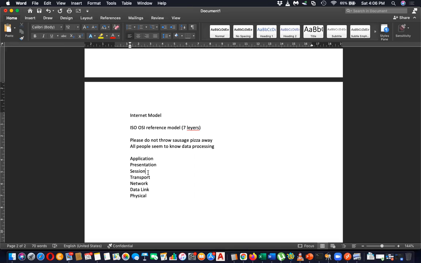The transport layer does the transportation part, and the network layer is the underlying layer providing the infrastructure. Then the data link and the physical layer provide the physical linking.